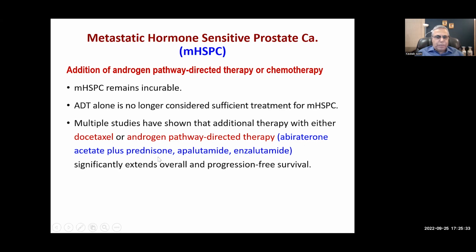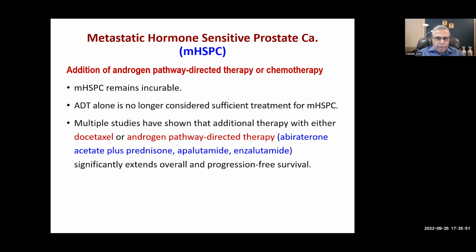Plus, you can add to that. You have to add prednisone to abiraterone because it blocks two enzymes in the adrenal glands. The adrenal glands also produce androgens. They don't produce testosterone, but they produce other androgens.